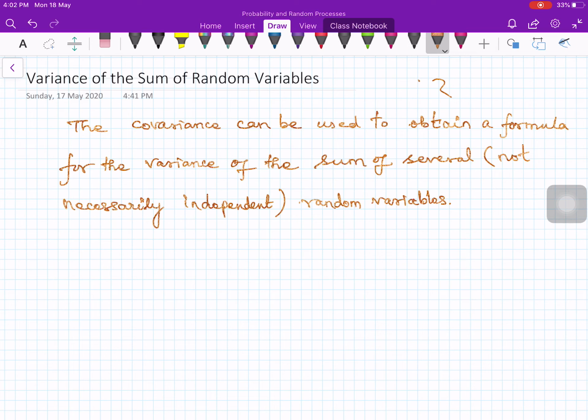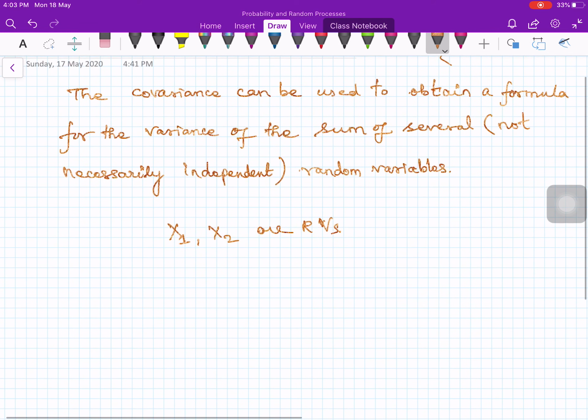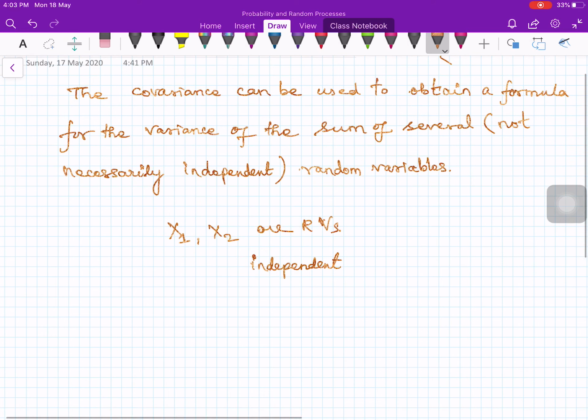So let us look at the variance of the sum of two random variables initially. I am going to consider two random variables, and then we can generalize this for several random variables. Let's say x1 and x2 are random variables. Now if the two random variables are independent, then we know the variance of the sum is the sum of the variances.